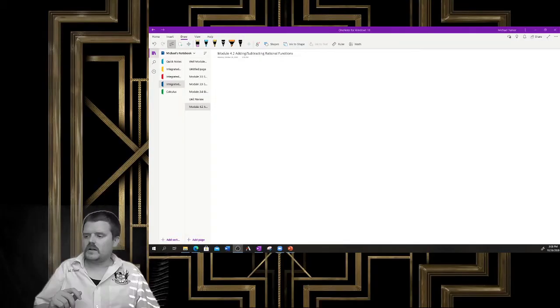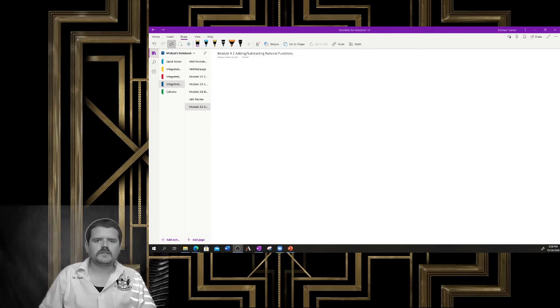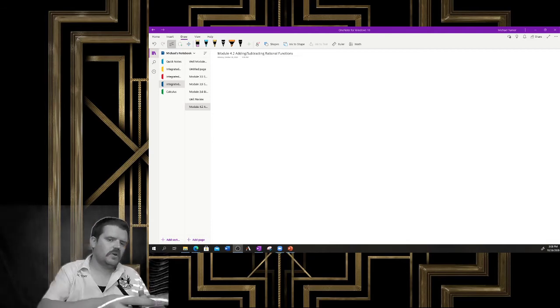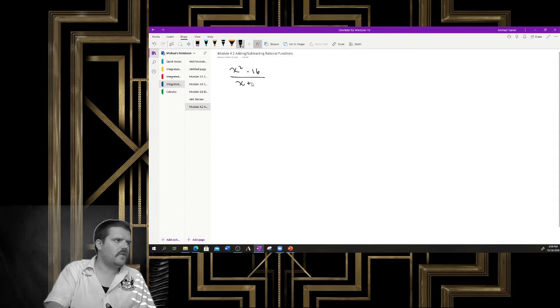Okay. So there are a couple questions on this assignment that just simply ask you to simplify the rational function if you can. So when you add and subtract these, if you can simplify, you want to. So for instance, let's say I have something like x squared minus 16 over x plus 4.